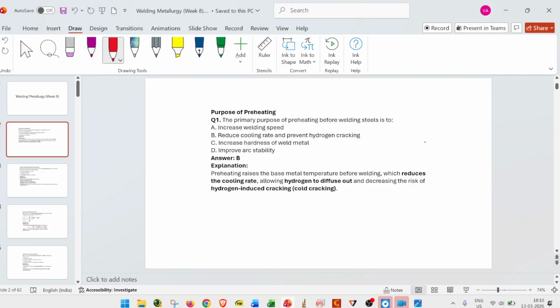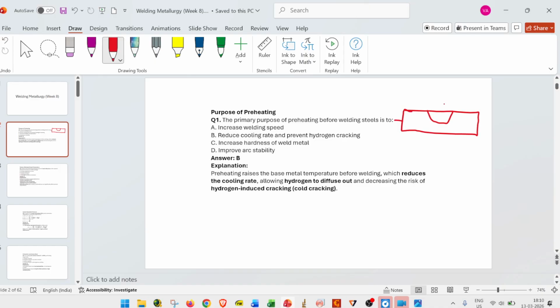generally in welding, rapid heating takes place in a fraction of a second, and rapid cooling also takes place in a very short time. Rapid cooling takes place because the workpiece acts as a good heat conductor. Heat conduction is directly proportional to the thermal gradient. Suppose here it is thousands of degrees and here it is room temperature.